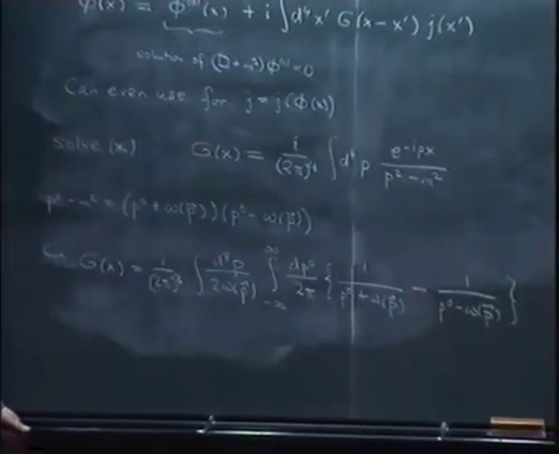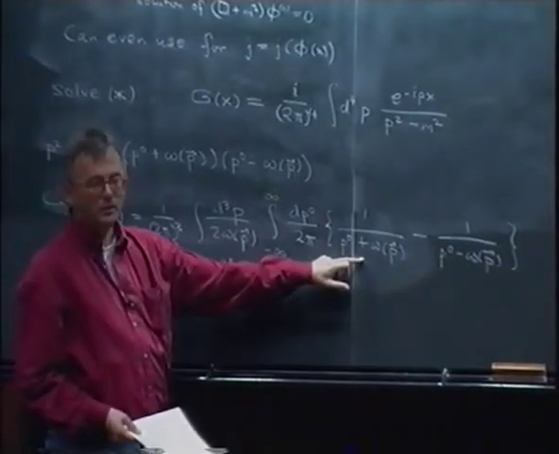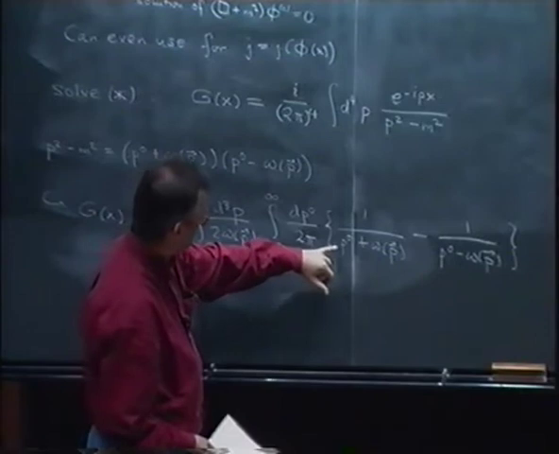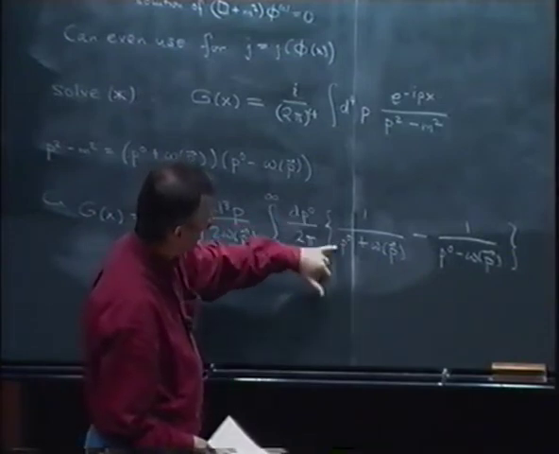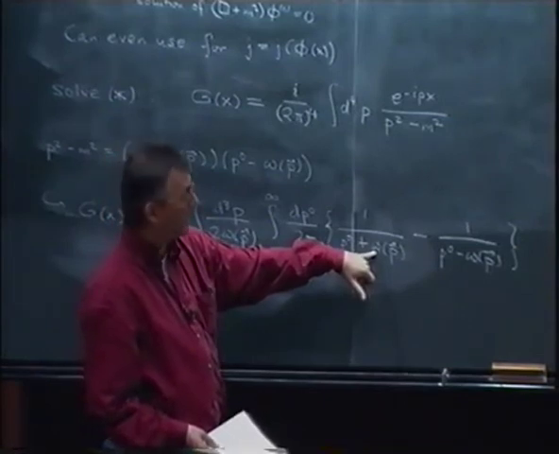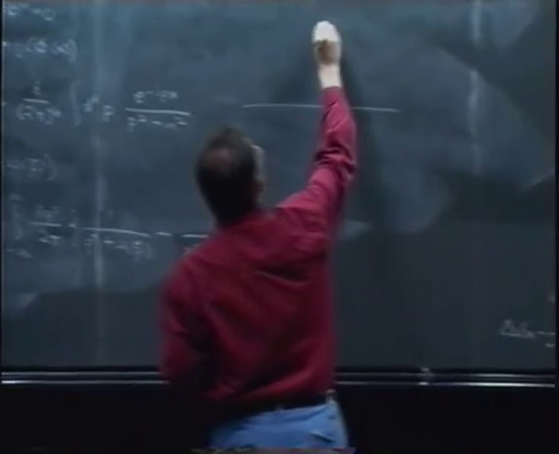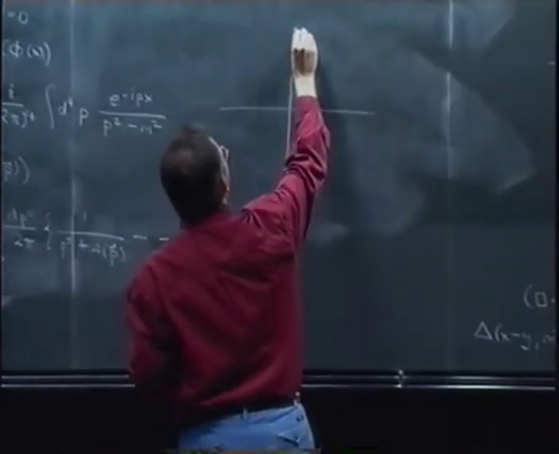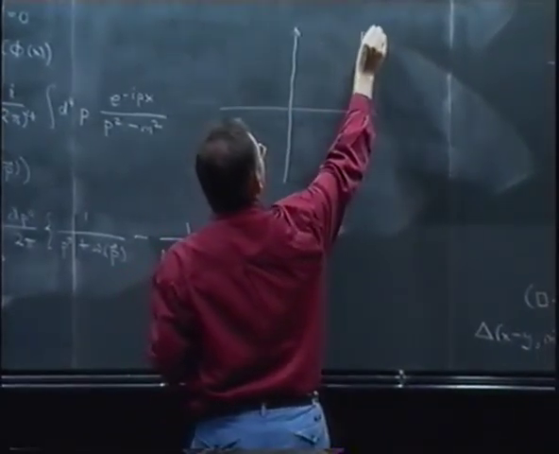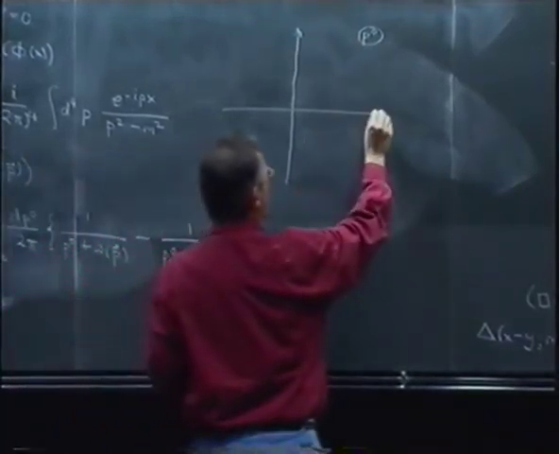And then, in principle, I cannot do this integral as it stands, but as you can see, this is an integral over the variable p0, which is real, and there will be poles at omega of p and minus omega of p. So if we draw, well, this is the p0 axis.